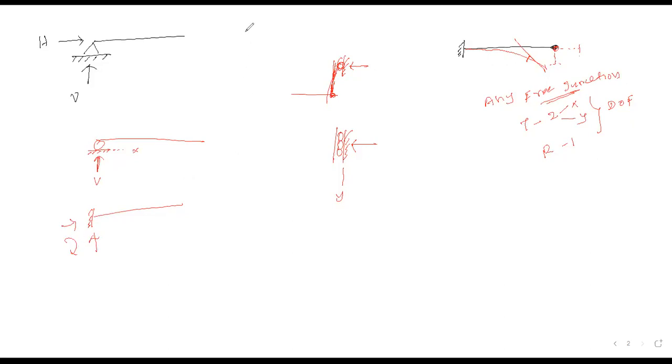Now why are we going to discuss this? Let me first of all explain. We are going to discuss degree of freedom for junctions. Just consider a hinge support, number of reactions is 2, yes or no?